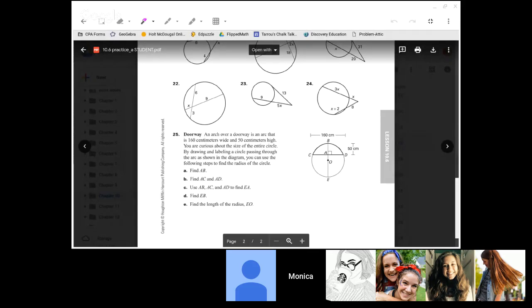Okay, so 23 is a tangent and a secant. So which part is the tangent? So we're going to start out with 13 squared, right?